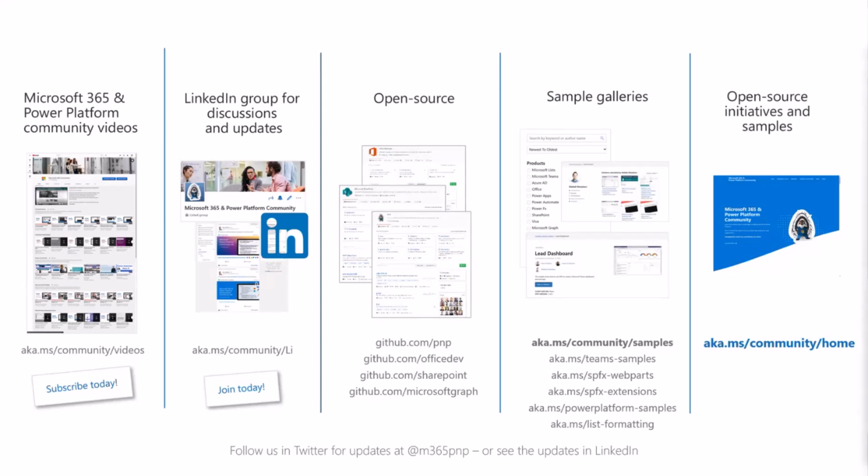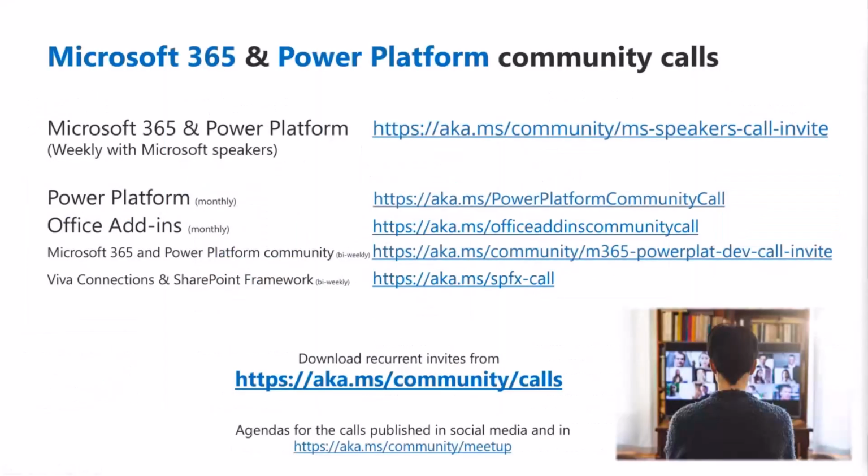We have a lot of community calls happening every single week. Typically we have a minimum of two community calls every week: the Tuesday call and the Thursday call. The Tuesday call is the Microsoft 365 and Power Platform weekly with Microsoft speakers, with certain exceptions. Then we have the Power Platform monthly call once a month on Wednesday, and the Office add-ins monthly call once a month on a Wednesday.